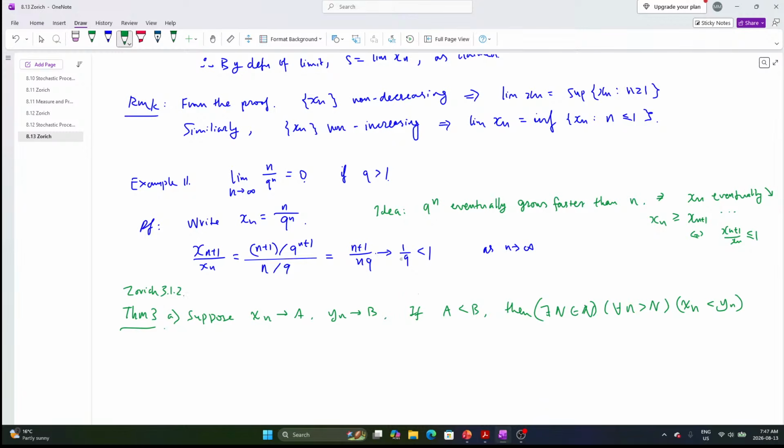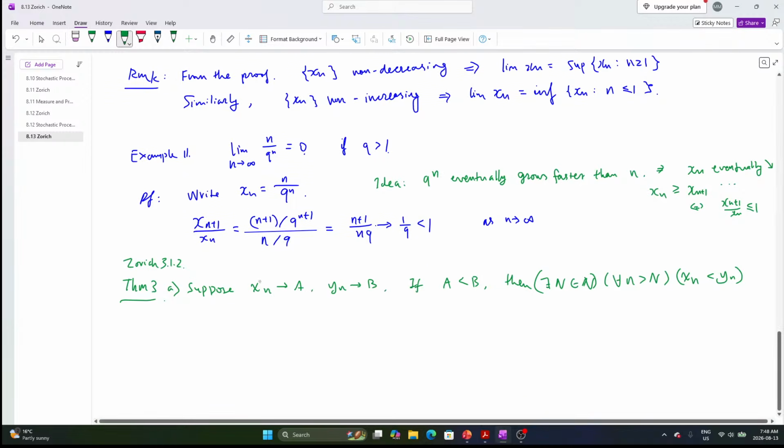Here we can treat y_n as a constant sequence 1, and x_n here to be the ratio x_{n+1} over x_n. The idea is that eventually x_n will be less than y_n. That means eventually this sequence x_{n+1} over x_n will be less than 1.